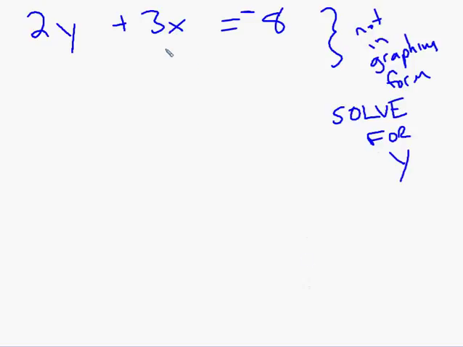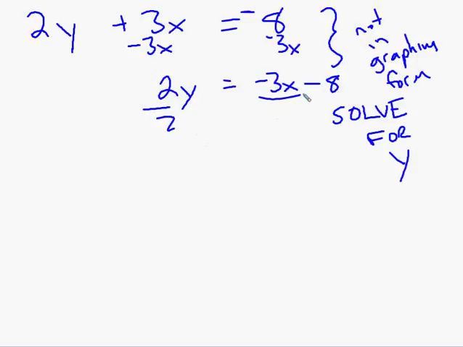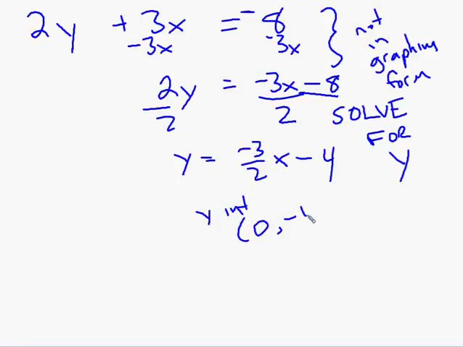So I subtract 3x. Notice that does not cancel anything, so I get 2y equals negative 3x minus 8. Now divide everything by 2. I'm going to want to leave my slope as a fraction, so I get y equals negative 3/2 x minus 4. So what's my y-intercept? Negative 4. What's my slope? Negative 3 over 2.